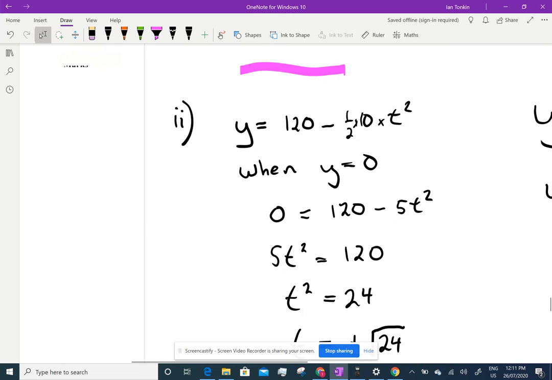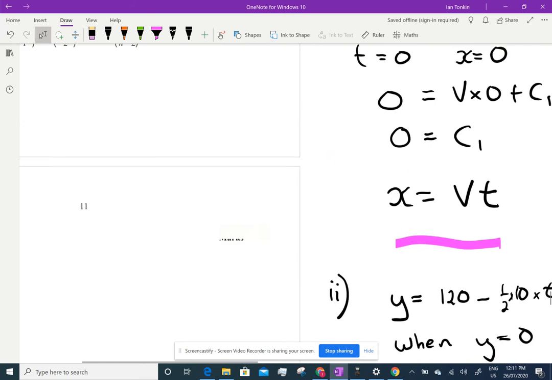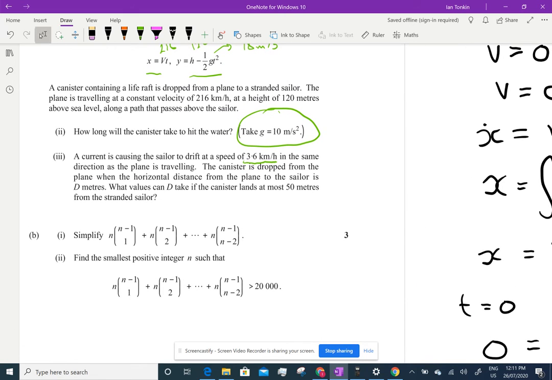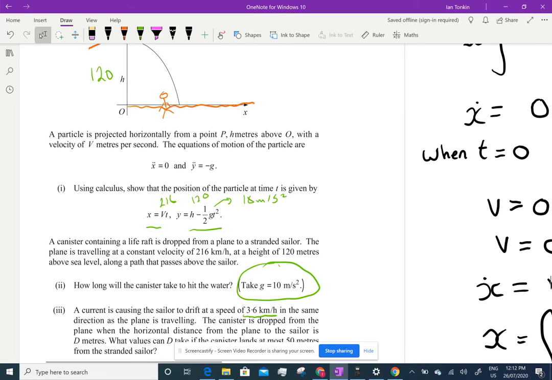So that's our vertical displacement. So what else have we got here? A current is causing the sailor to drift at a speed of 3.6 kilometers per hour in the same direction the plane is traveling. So this sailor is drifting this way at 3.6 kilometers an hour.